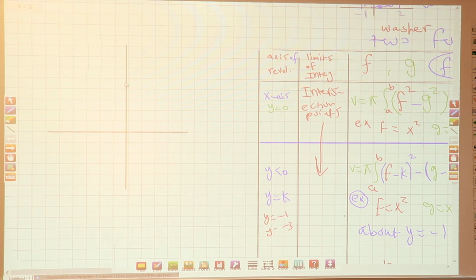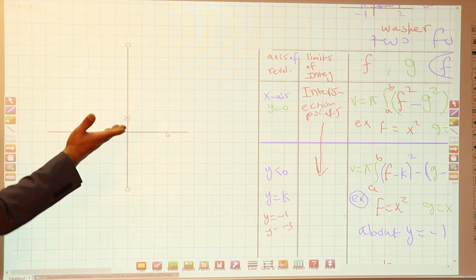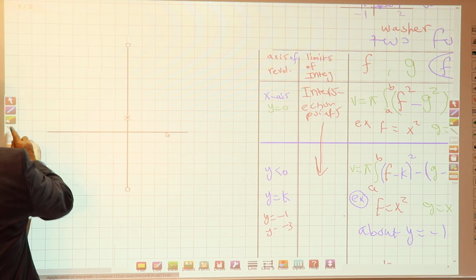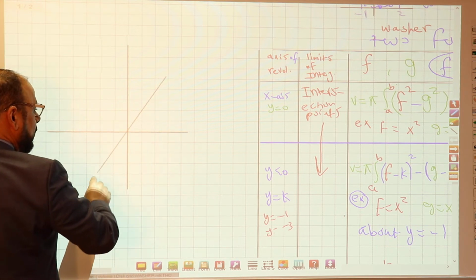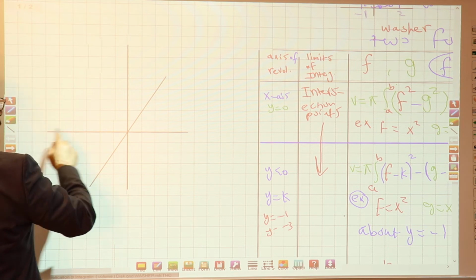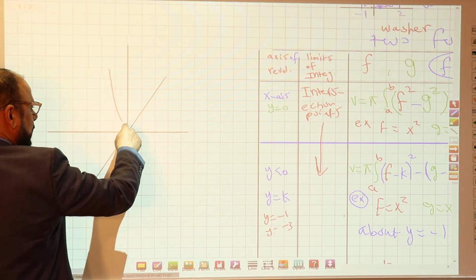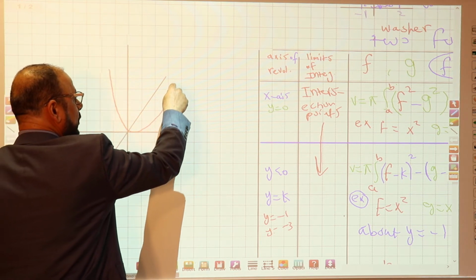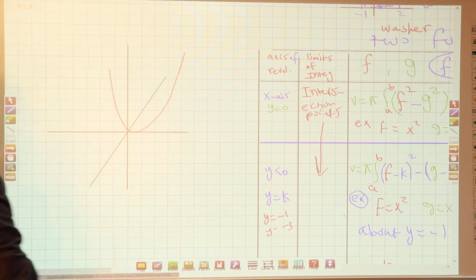If you want, you can apply the rule directly. You don't have to graph. For my students, it doesn't matter if they graph or not, as long as they apply the rule. This is x, and this is x squared. Let me just extend this line.